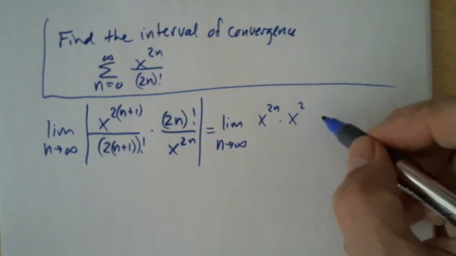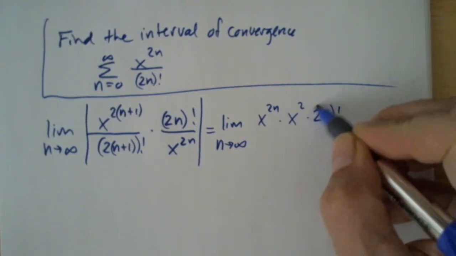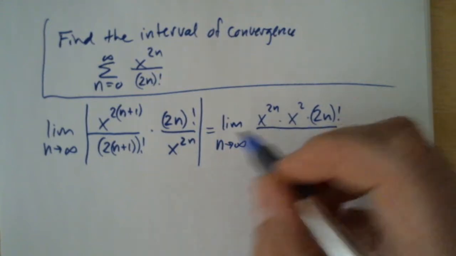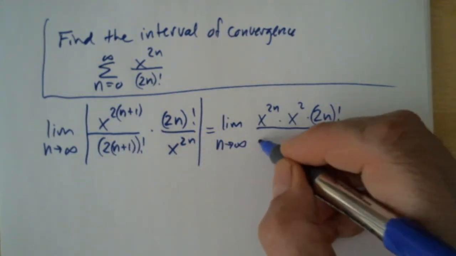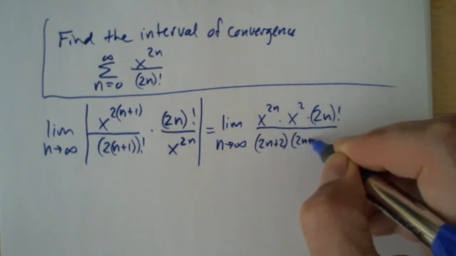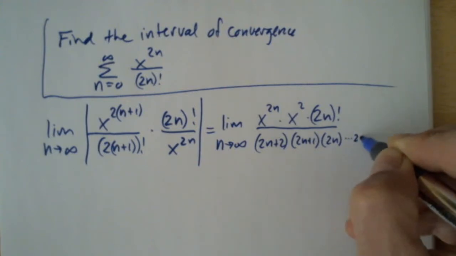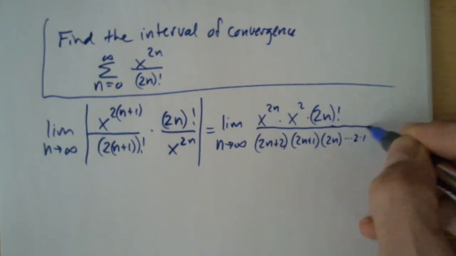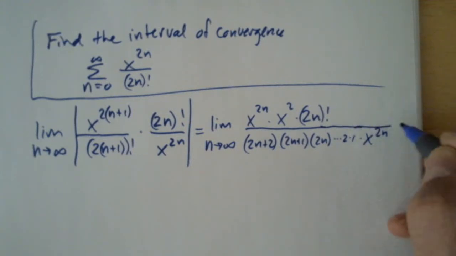And here we have 2n factorial. This will be 2n plus 2 factorial, which would be 2n plus 2, 2n plus 1 times 2n all the way down to 1, and then times x to the 2n.